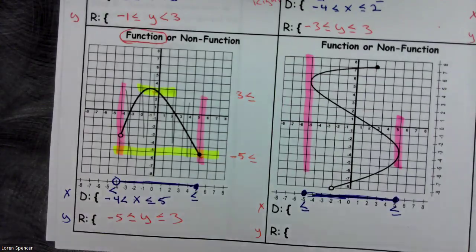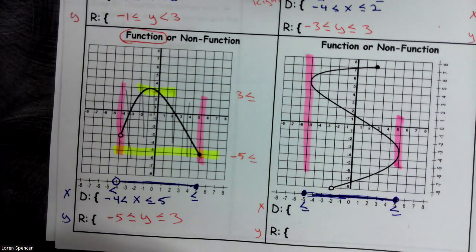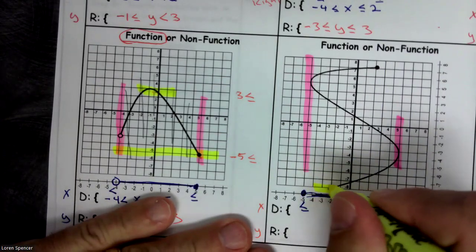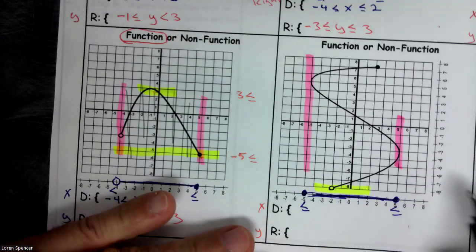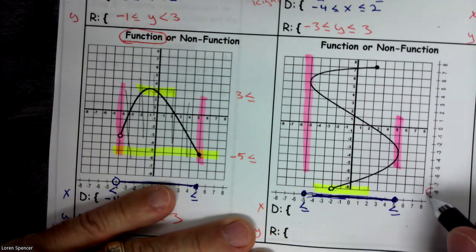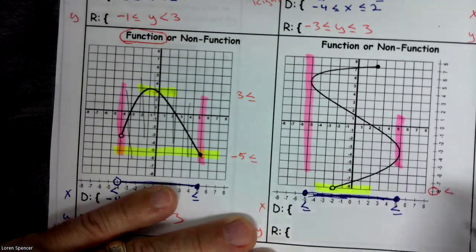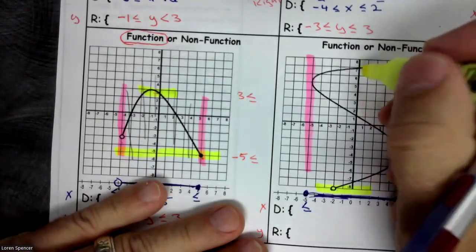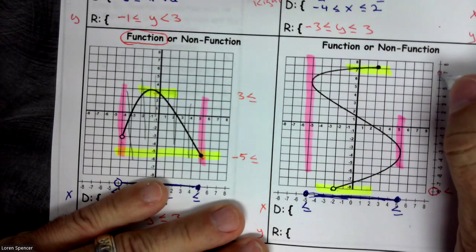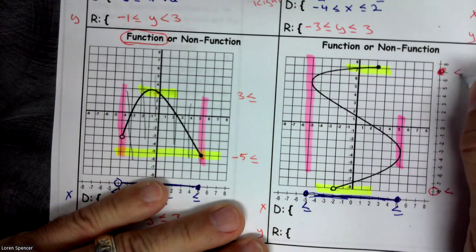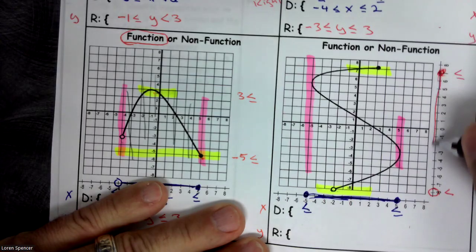All right, our range. We're going to start with the lowest value. Our lowest value is at -8. That's where our smallest is. So -8, and it happens to be a hollow. So a hollow gets a less than. And then it goes to 7, which is a solid. And solid gets a less than or equal to.